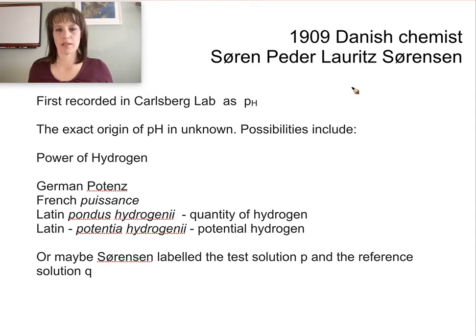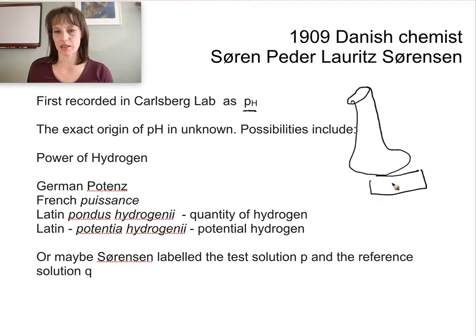In 1909, the Danish chemist Soren Sorensen was working in his lab in Carlsberg, and this is the first time we've actually seen pH written down. It was a P and an H. He was working with solutions, and he labeled something with the P and the H as the subscript. Now, the exact origin is unknown.